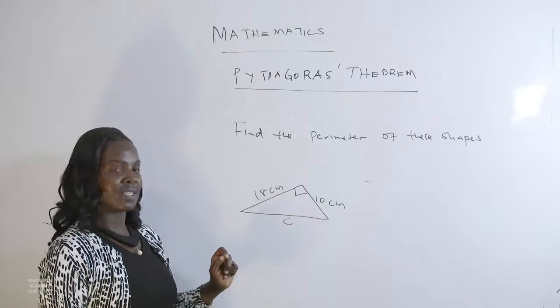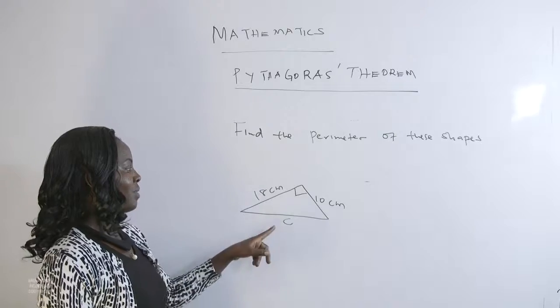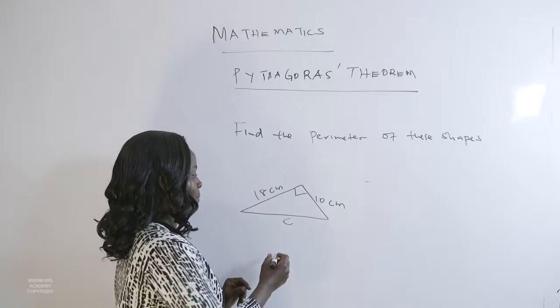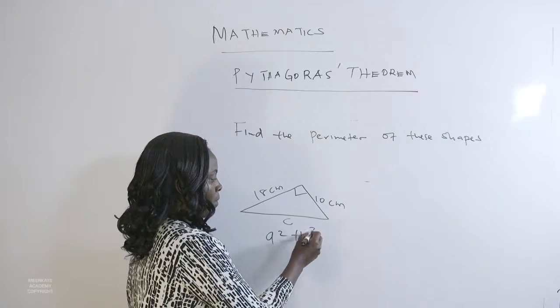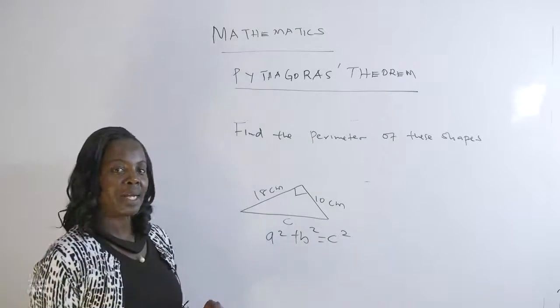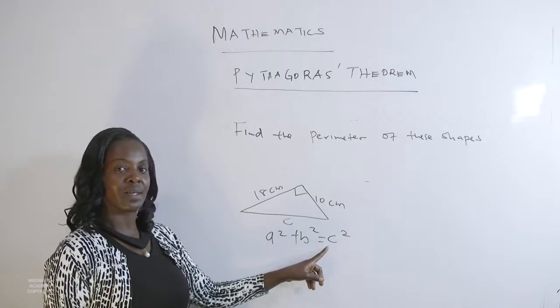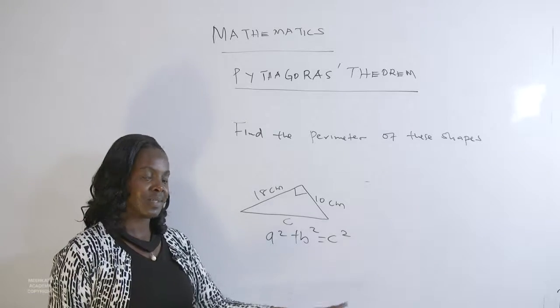So we have said the first thing is to calculate the length of the longest side, using the formula a squared plus b squared gives us c squared.